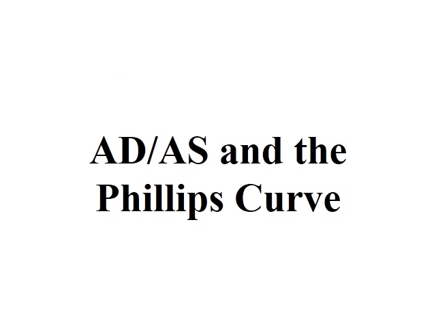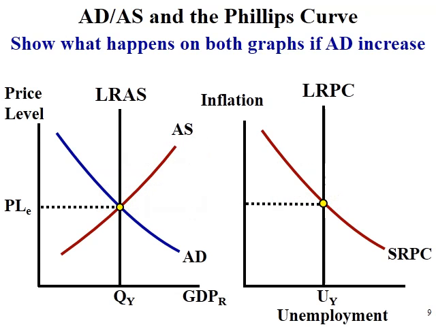Now again, we've been talking about what happens on our ADAS graph because that's where we would get the information to show on our Phillips curve. So I wanted to show you a few examples with both graphs side by side to see if we could pick up any trends that may help you as you're working with the Phillips curve.